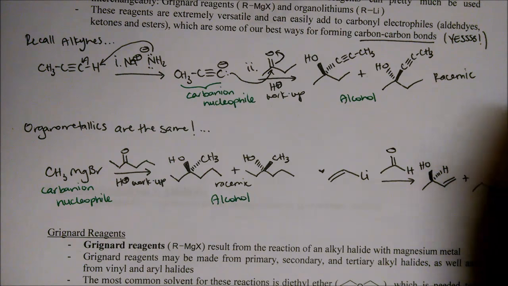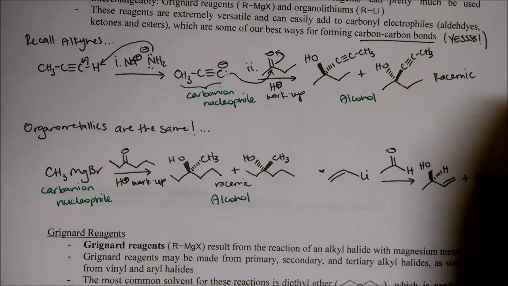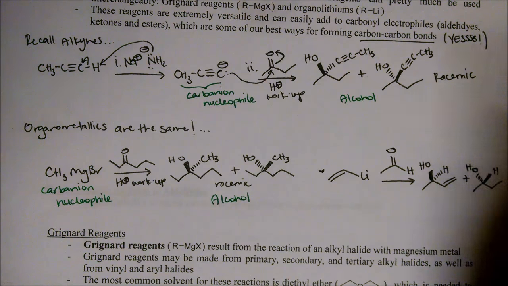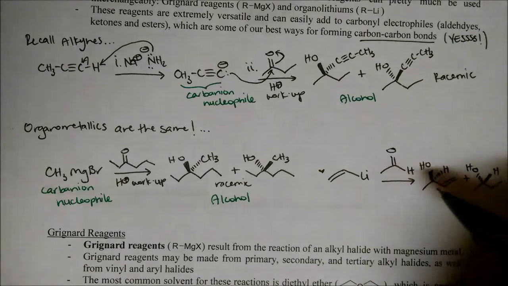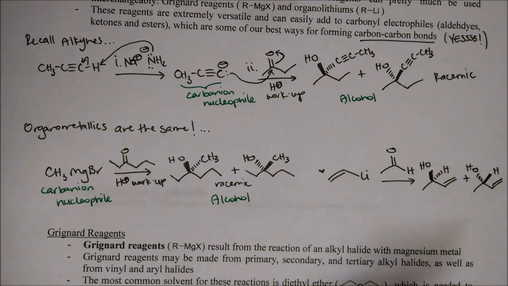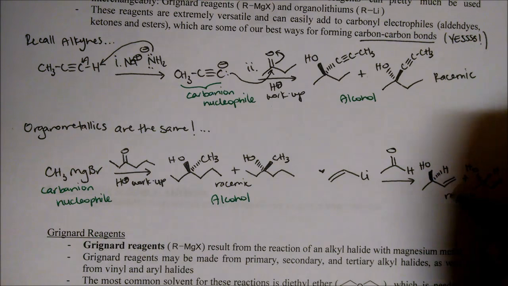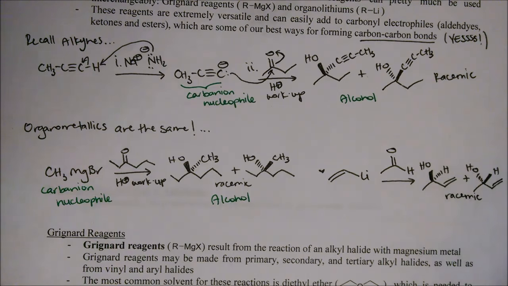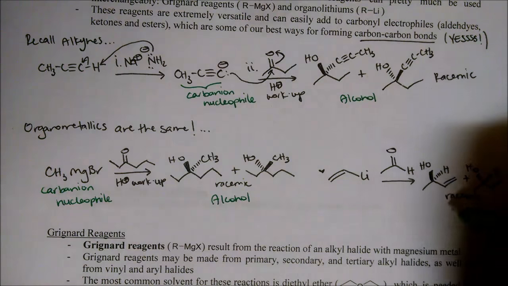We put our longest carbon chain in the plane of the paper. But still, it's done the same thing. Okay, it's attacked from the back to push that alcohol forward, or it's attacked from the front to push that alcohol back. I've just rotated it a bit to put the H as our other group. So again, this is going to be racemic, and again, we get an alcohol.